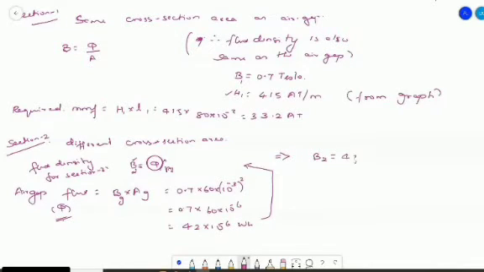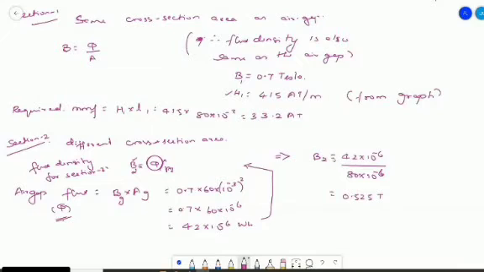So this will be 42 into 10 to the power minus 6 Weber divided by the area of cross section, 80 into 10 to the power minus 6. This is the area of cross section for section 2. So we must be getting around 0.525 Tesla.